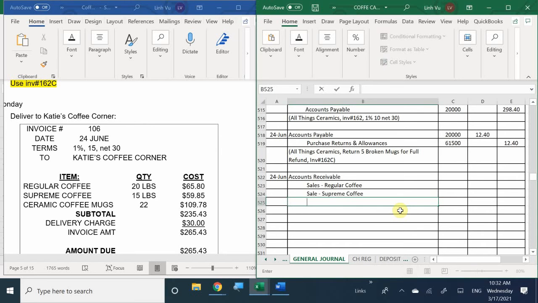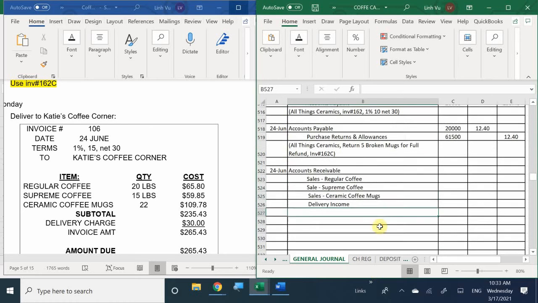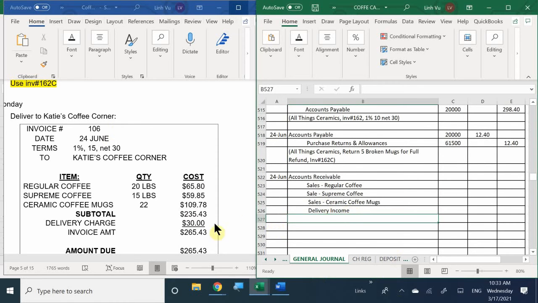And then we have sales, ceramic. And then we have delivery income. All right, so let's go ahead and enter everything in.